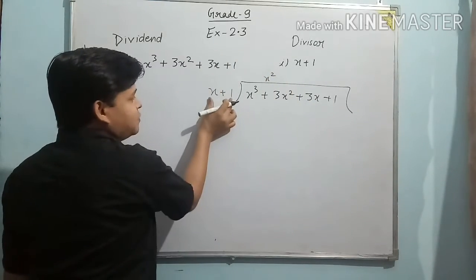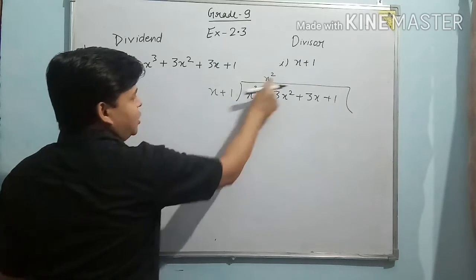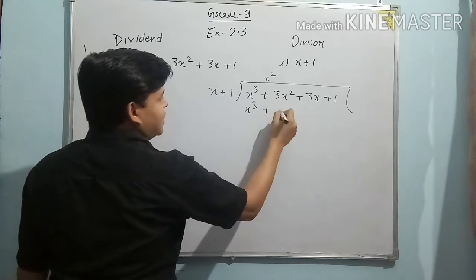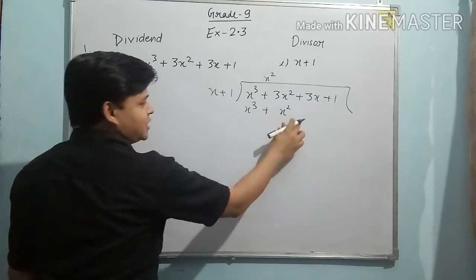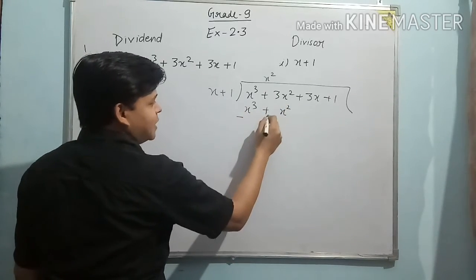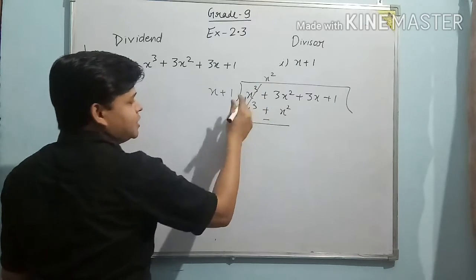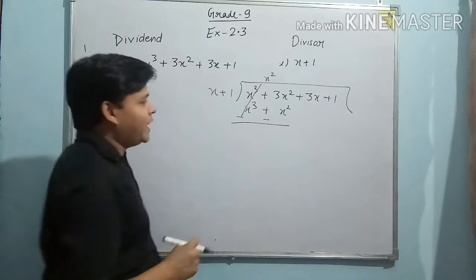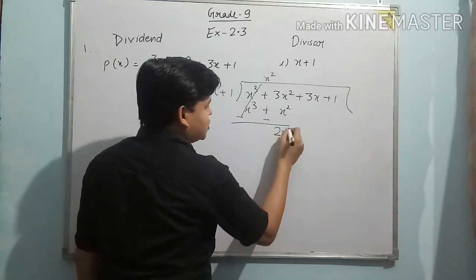So multiply these both terms by x square. So x into x square we will get here x cube, then 1 into x square, plus x square. So let us change the sign here. This plus will become minus, plus will become minus, and both are cancelled. Now 3x square minus x square, so we will get here 2x square.